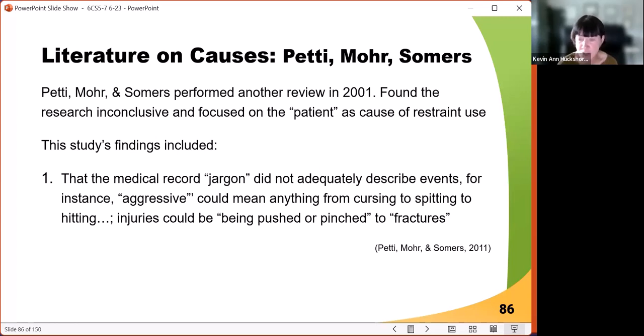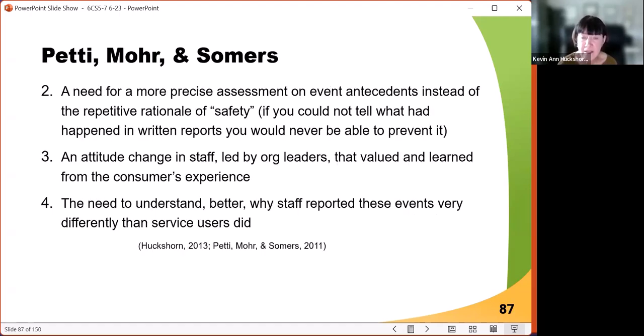It did not describe what happened. It didn't describe what led up to the event. It didn't describe the triggers, and aggressive in the medical record could mean anything from cursing to spitting to hitting. And injuries, Beth was injured, could mean being pushed or pinched up to fractures. Again, non-specific language that didn't help anybody really understand what had happened.